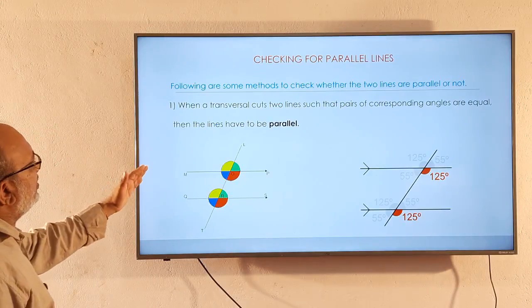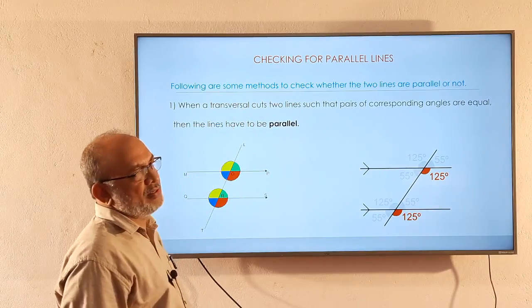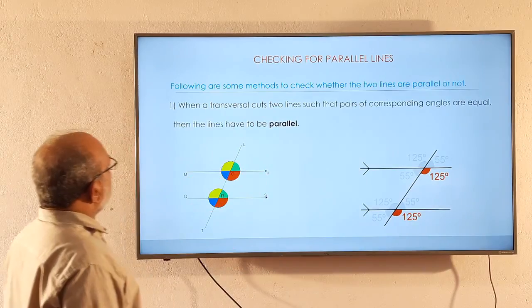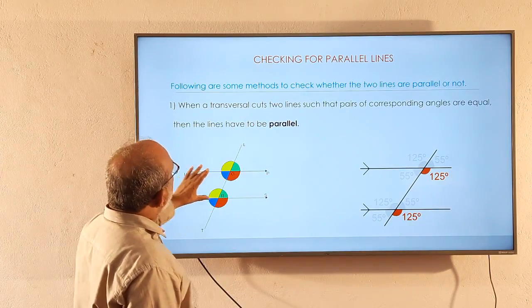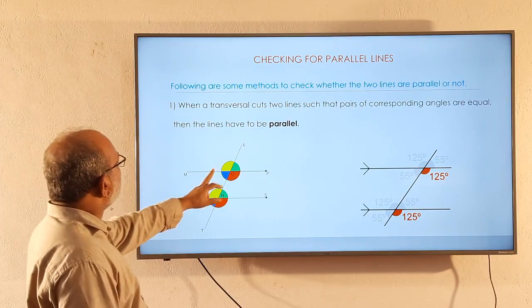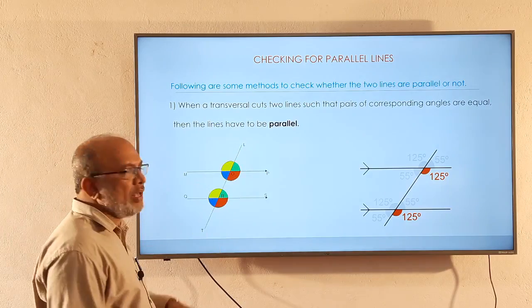Now, to check whether two lines are parallel or not, we have some methods. What are the methods? What we have learned, we are applying here. See, these two lines will be parallel if all the corresponding angles made by the transversal are equal.